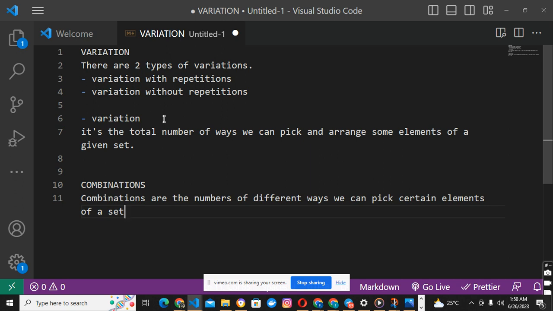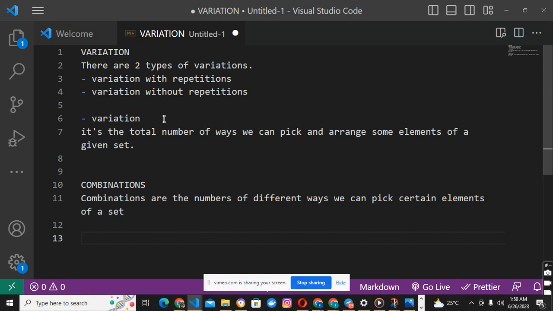So imagine, let me create a scenario. Imagine you want to pick three balls from a basket of 10 differently colored balls. Say your son came to you and you have a basket of 10 balls of different colors, and the son requested three balls and you want to give the boy three different color balls.